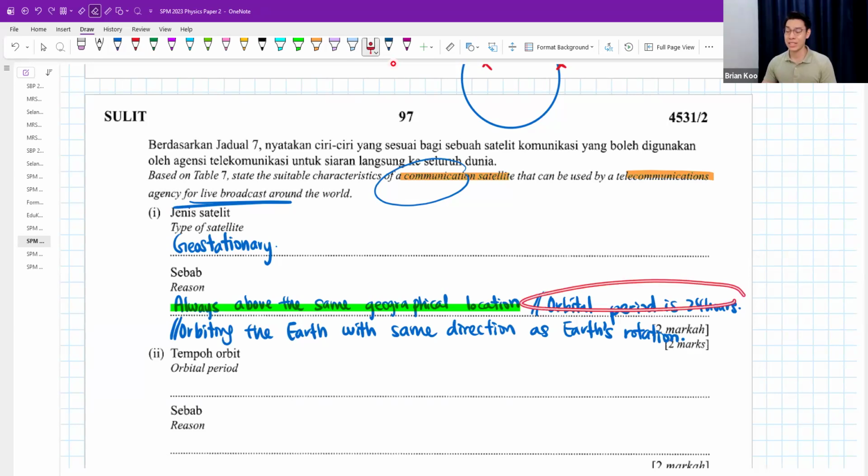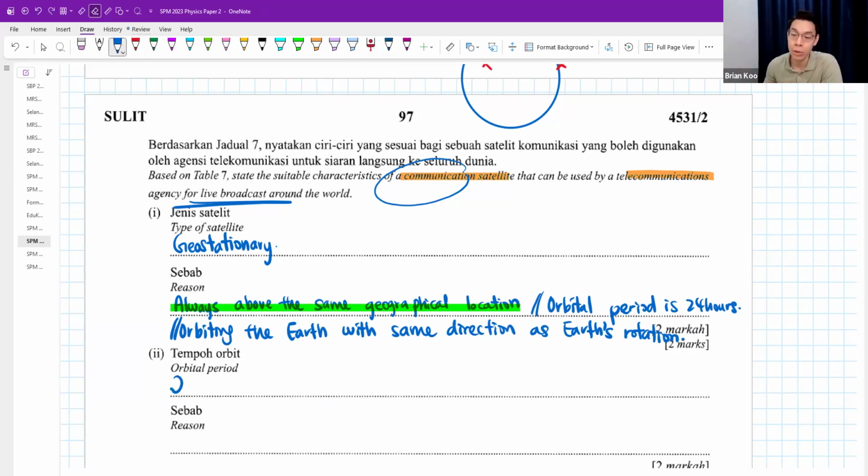Another way to say this is orbital period is same as Earth's rotational period. Also can. Remember, the Earth is rotating, but the satellite is orbiting. Different words. Earth is rotating, but satellite is orbiting. Okay, next one.